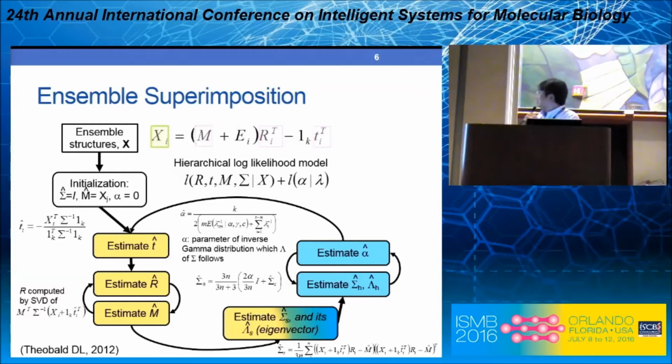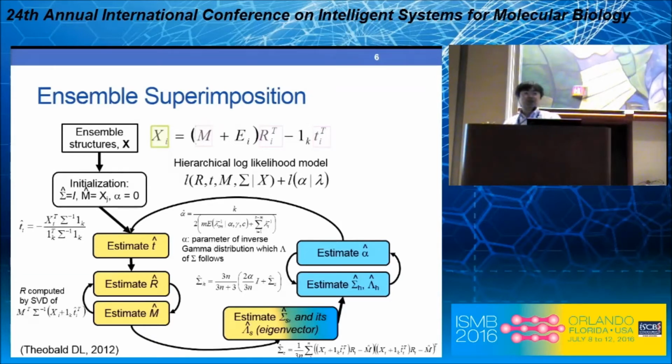To do that, first I can compute the covariance matrix because it's already superimposed. And then, of course, I can compute the eigenvector. But from this iteration, the aim is to optimize the covariance matrix, with one assumption: that the eigenvector follows an inverse gamma distribution.